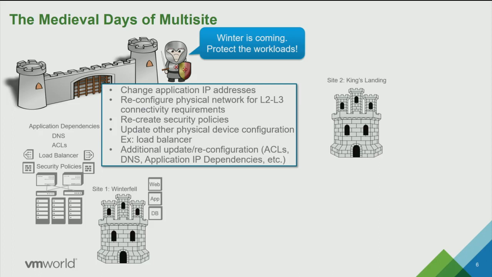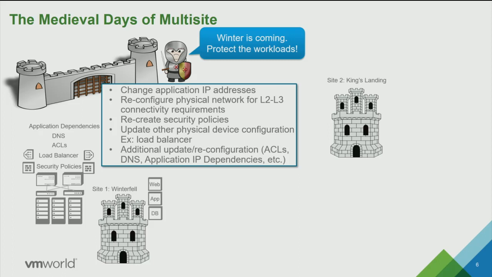And if the IP address changes, not only do you have to recreate these security policies, now you have to update them, right? And there might be other physical device configuration you have to update, as I mentioned, like load balancers, firewalls, and so forth. And if you have stuff like ACLs, application IP dependencies, then you have other issues to be concerned about, right?